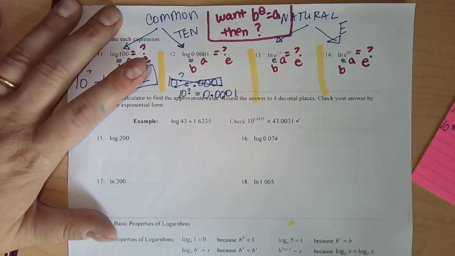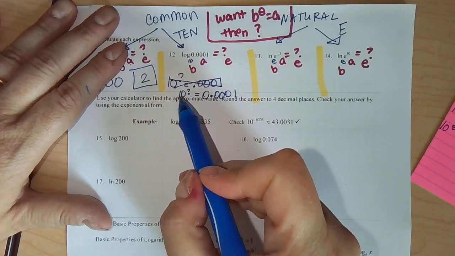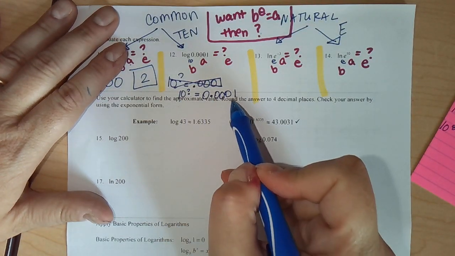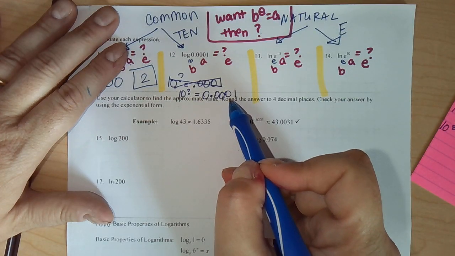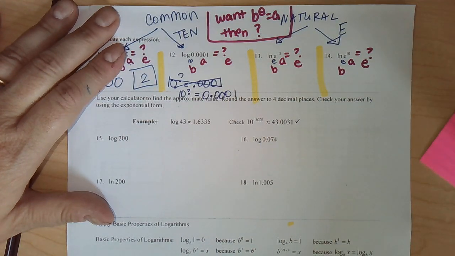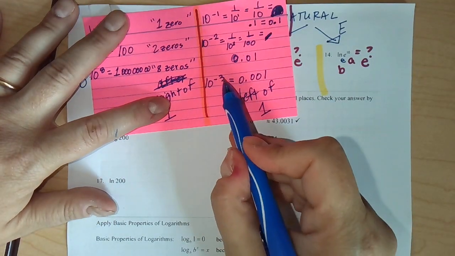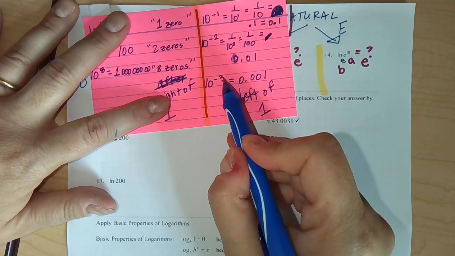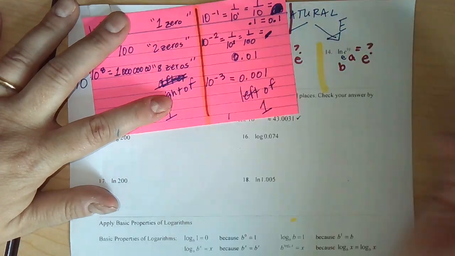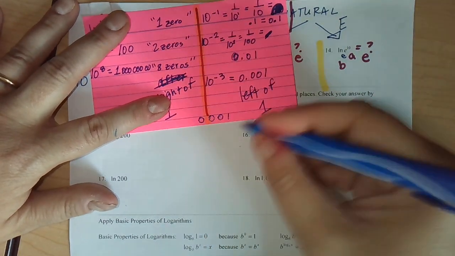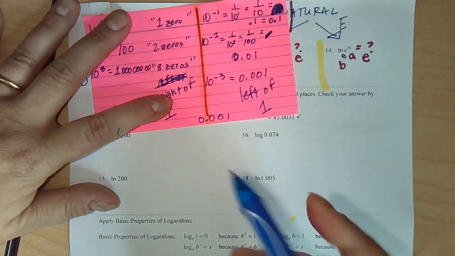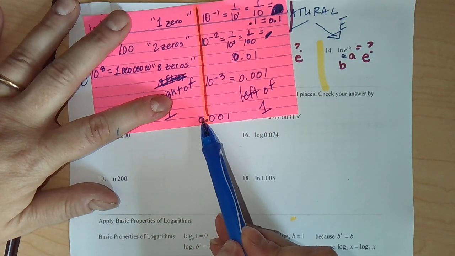Okay. So we have to say, what question mark will give me this? Well, we kind of already talked about it. 10 to the negative 3 means you have the number 1 and then 3 zeros before it. And remember, one of those zeros starts off your decimal.